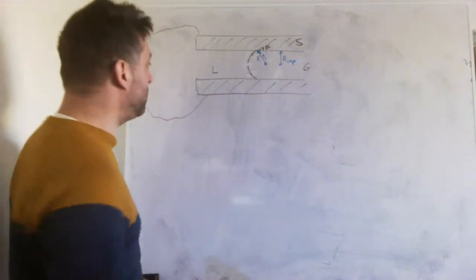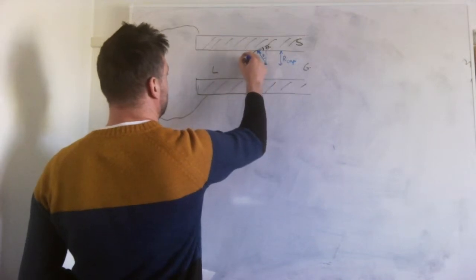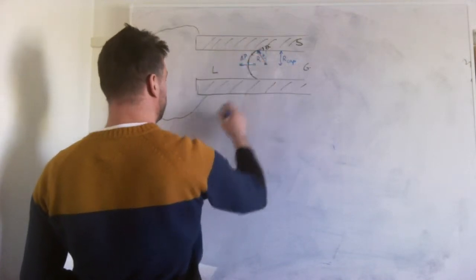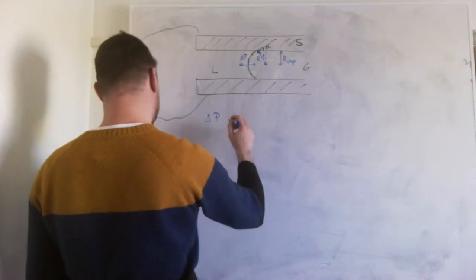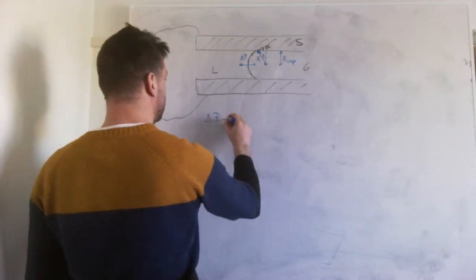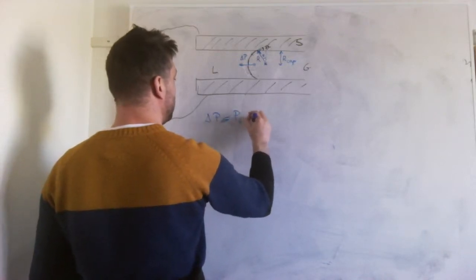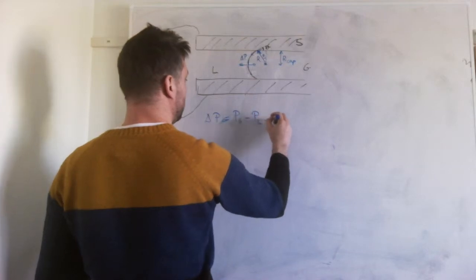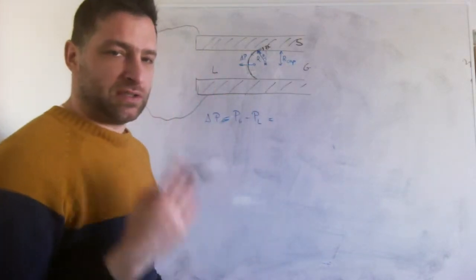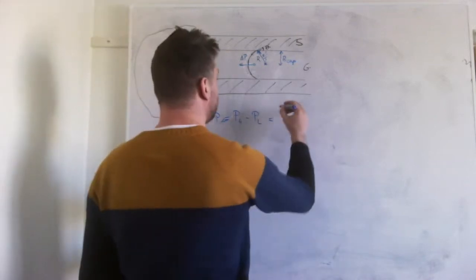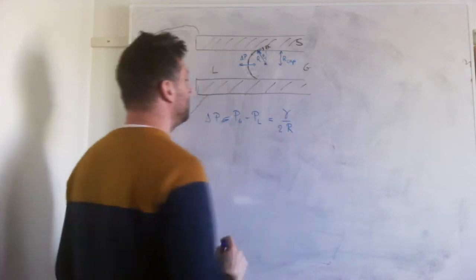then I can easily write down the pressure drop delta P, which equals the gas pressure minus the liquid pressure, and must equal, as we have calculated for a spherical surface, you did that as an exercise, gamma over 2 times r.